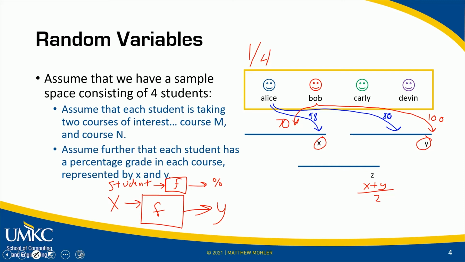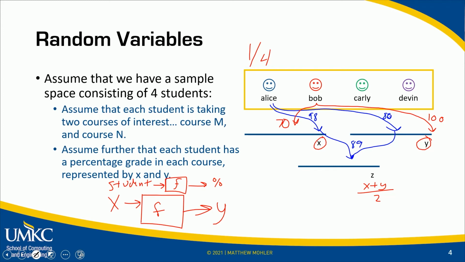I can take the information Alice provided, that she has a 98 in the first course and an 80 in the second course, and take both of those and say that Alice has a composite 89% overall, or 89 points on average between these courses.